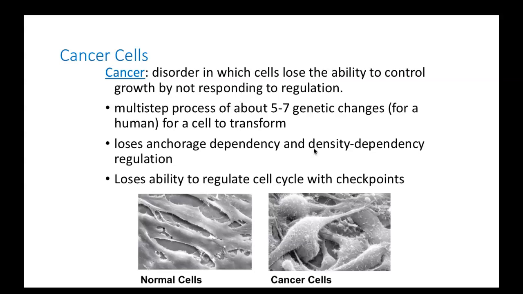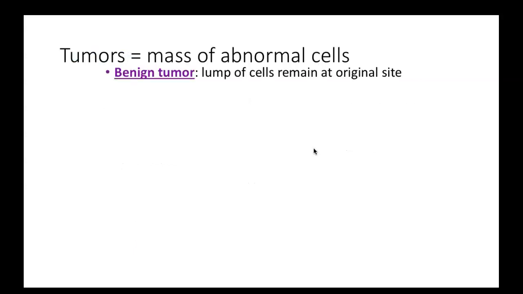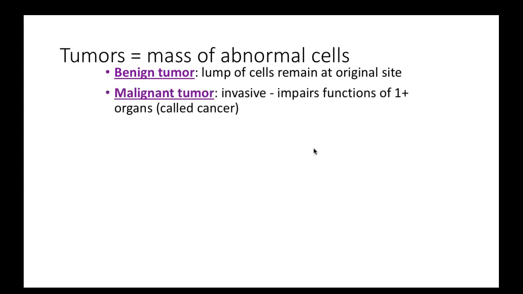And it's several genetic changes that occur before that happens. All right, a tumor is a mass of abnormal cells that are rapidly dividing. If the tumor is benign, the cells are going to remain at the original site. If the tumor is malignant, that means that it's going to invade and impair the function of 1 or more organs.